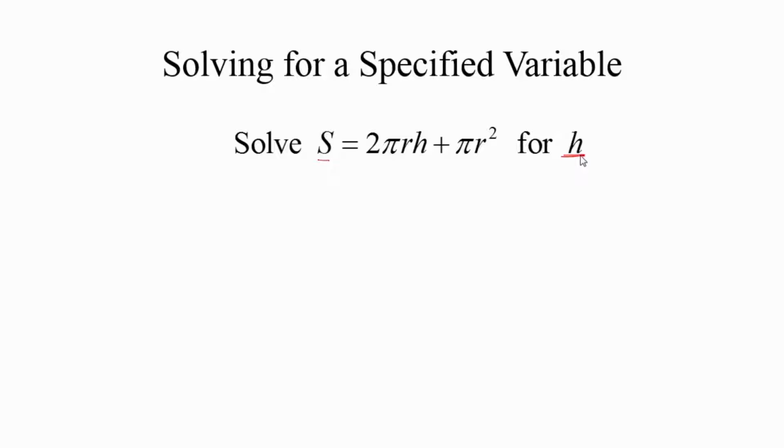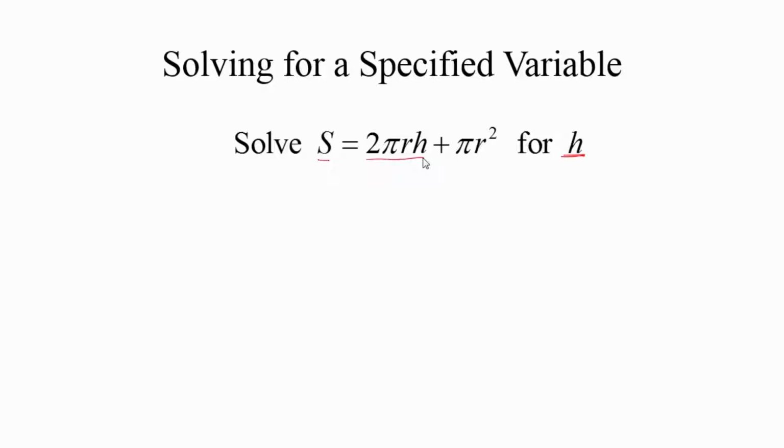It says solve for h. So the way we do it, we're going to keep the term with h. Here there happens to be only one. If we had more than one term with h, we would factor h out and keep it on one side of the equation and take everything else to the other side. By the way, when you take something from one side of the equation to the other, the only thing that happens is the sign changes.